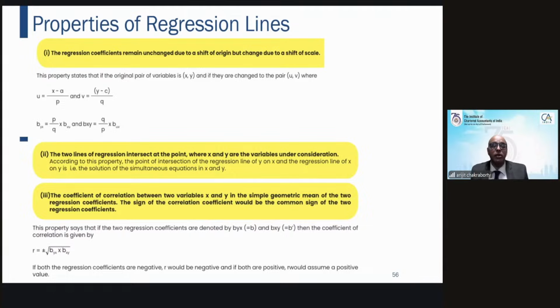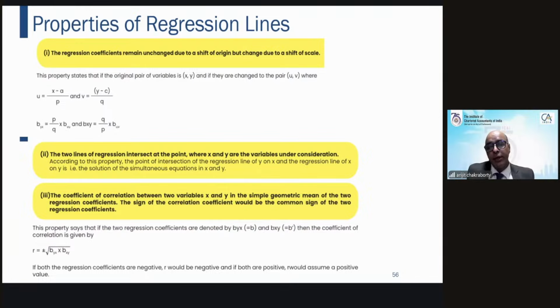Two lines of regression will intersect at the point where X and Y are the variables under consideration. This is also natural. And last but not the least, the two regression coefficients, that is BYX and BXY, the product of the two regression coefficients. This type of question can come, very simple question, but we need to remember the formula.